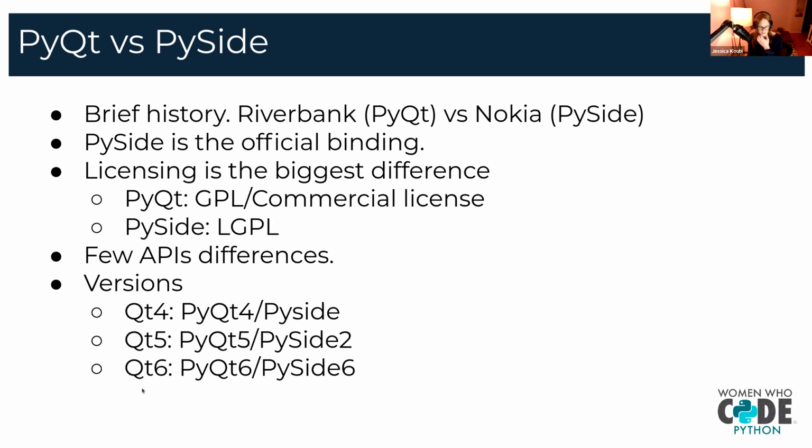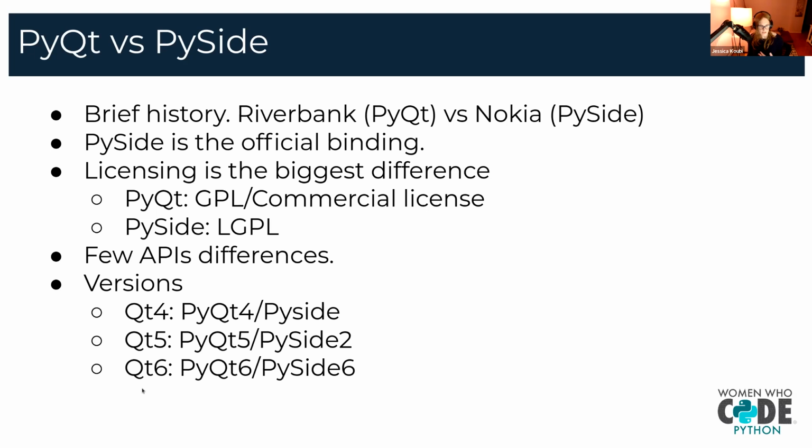Since then, PySide caught up, and because it became the official binding, PySide was actually released first, and has a few more functions that we're going to see a bit later.